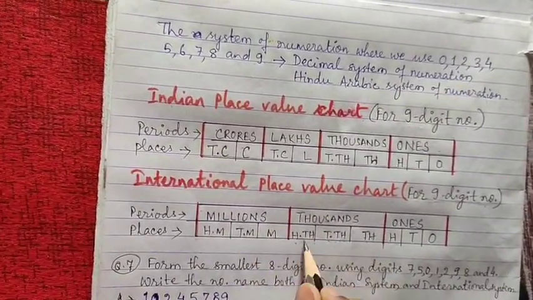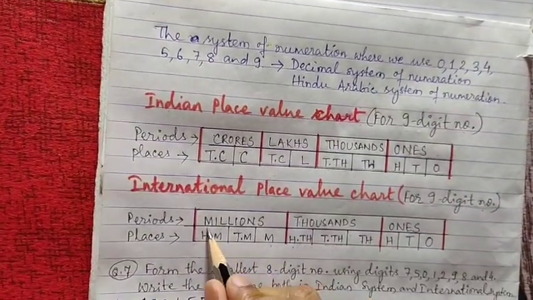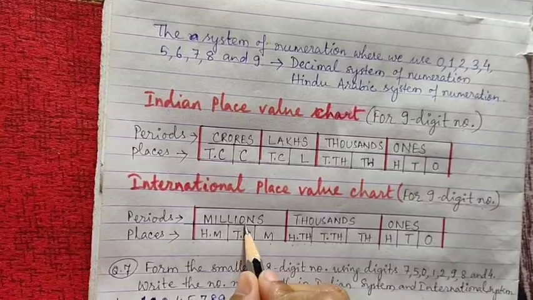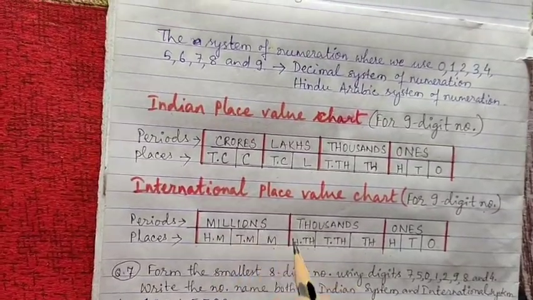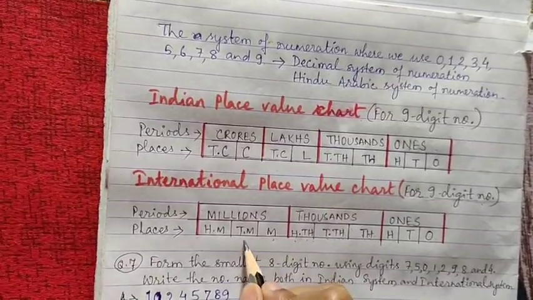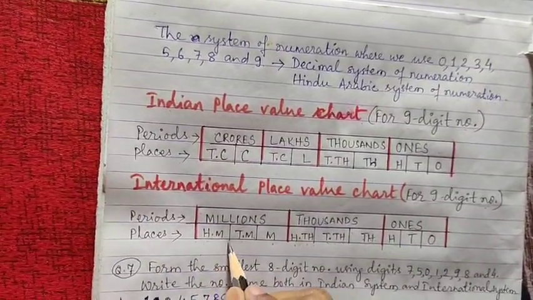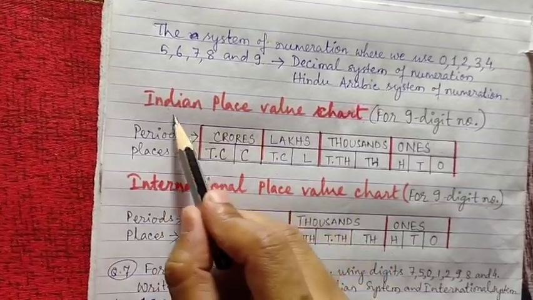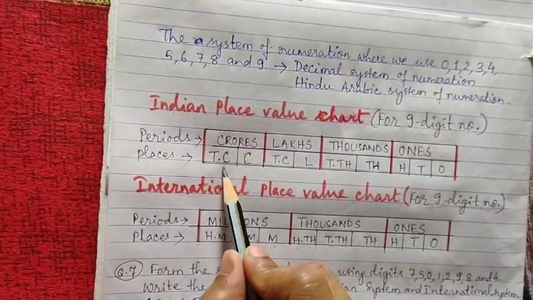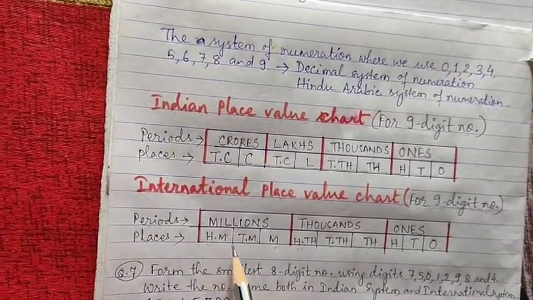In the thousands period there are 3 places. Then this is the 6th place. Then the 7th place is millions. The spelling is M-I-L-L-I-O-N-S, millions. So the 7th place is millions, 8th place is 10 millions, 9th place is 100 millions. Okay, now here in the Indian system the 9th place is 10 crores, but in the international system the 9th place is 100 millions.